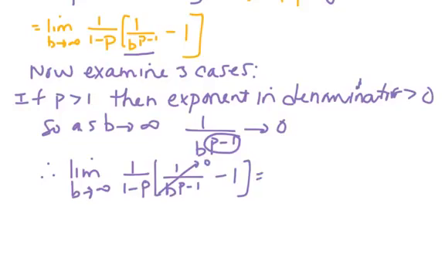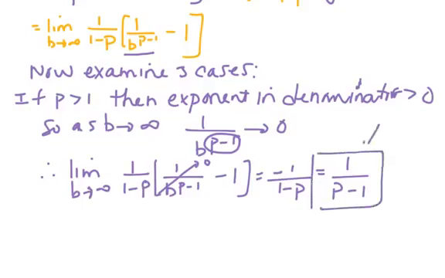So the answer here is minus 1 over 1 minus p, which is equivalent to 1 over p minus 1. So it converges to this, which is what I gave you a few minutes ago when I laid out the 3 cases. So that's the case where p is greater than 1.